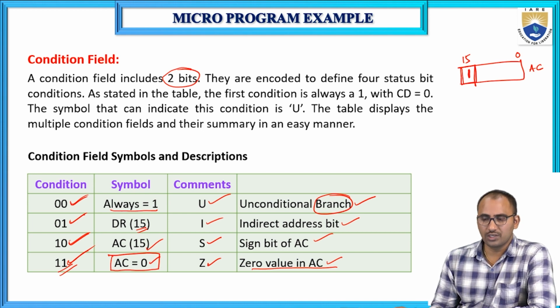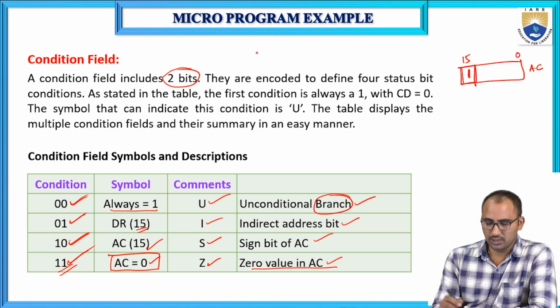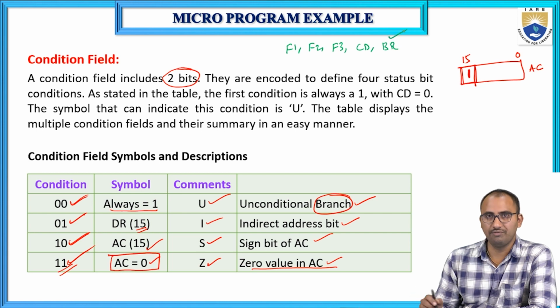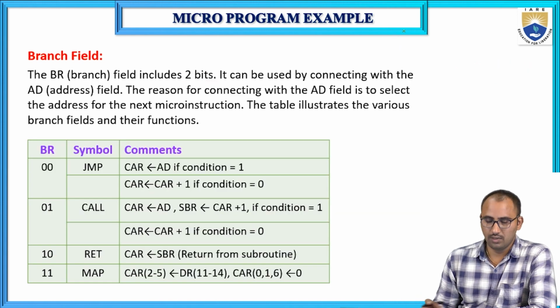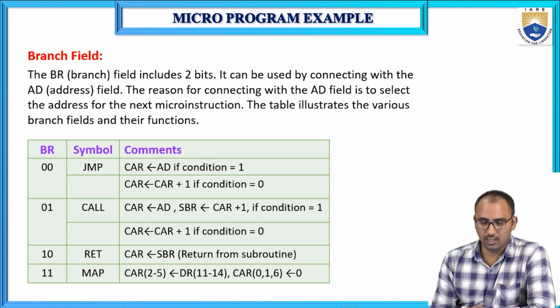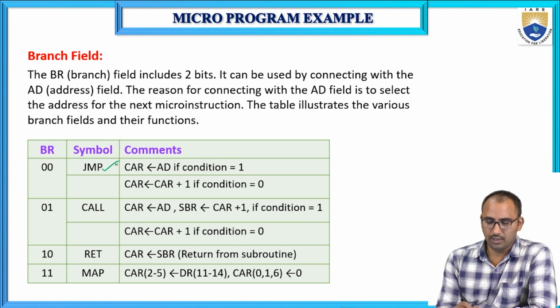In the microinstruction, till now we have seen the F1 field, F2, F3, and the condition field. Next we have the branch field. Total 4 types of branches are there: jump, call, return, map.